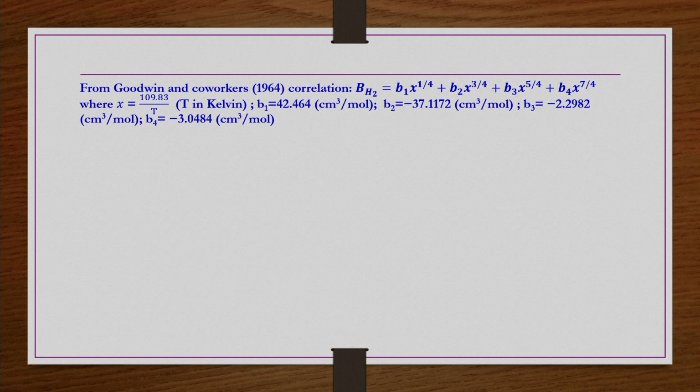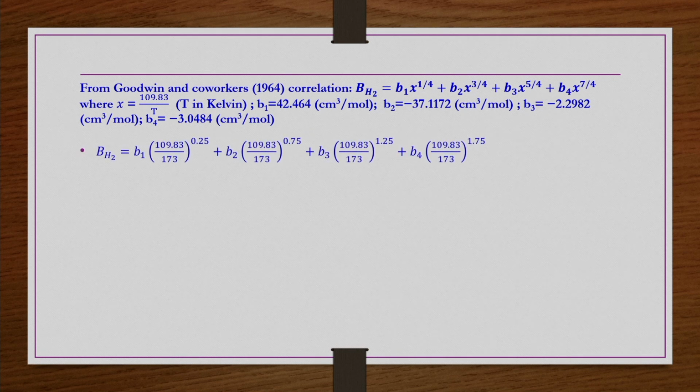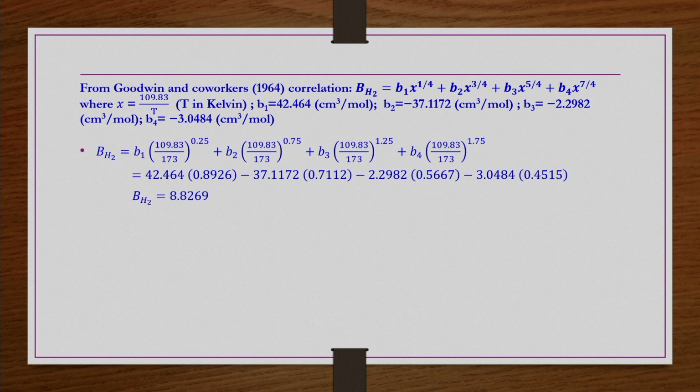The only thing you have to find is x, that is 109.83 divided by 173. Substitute here, then B_H2 you will get as 8.8269 centimeter cube per mole, for the pure component, pure hydrogen.